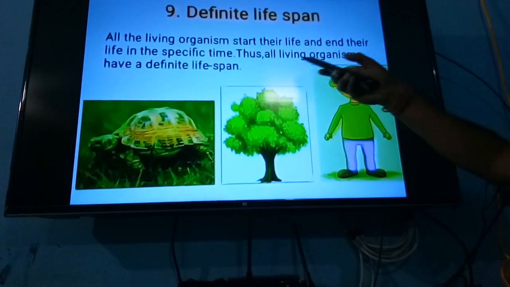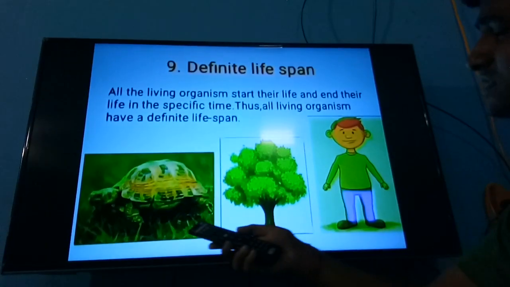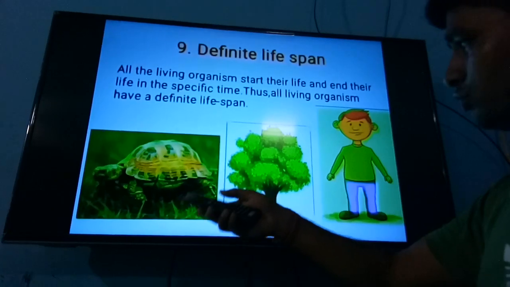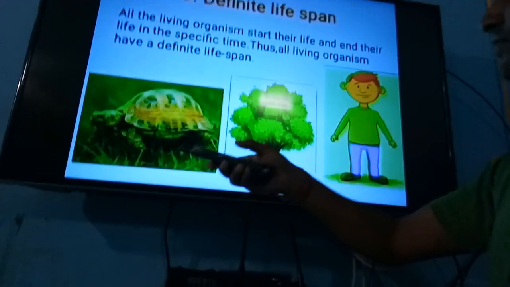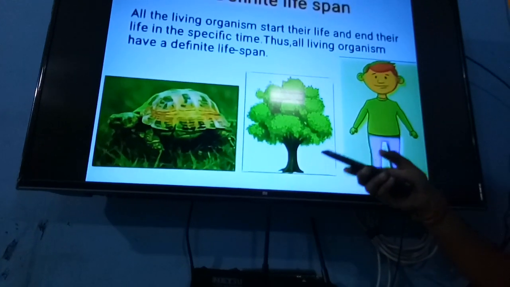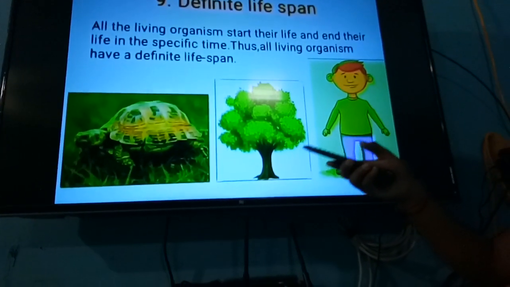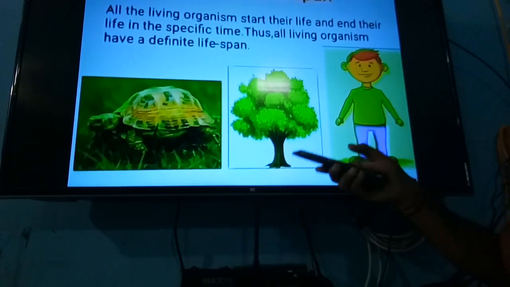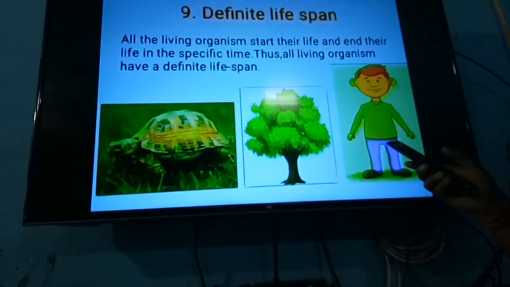Thus, all living organisms have a definite lifespan. Just like you can see here is the tortoise. Tortoise has at least 300 years lifespan. When you talk about the plant, 30 to 40 years lifespan. When we talk about human beings, 60 to 70 years lifespan.